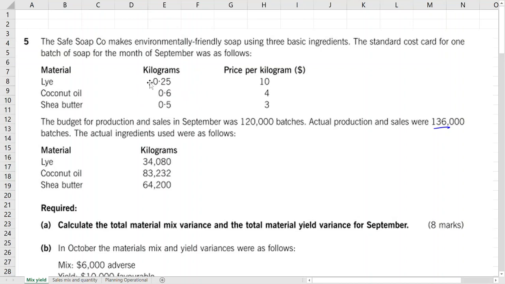So this is a standard mix. If they don't give you this information, you can't find material mix and yield variance. Like multi-products, there should be a standard mix. And also you can see in this example we have 3 materials that are used. So 2 is the minimum.